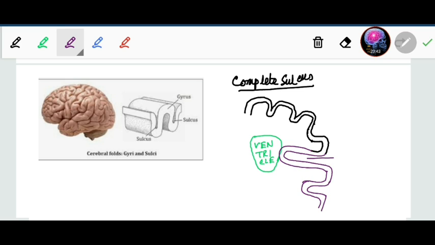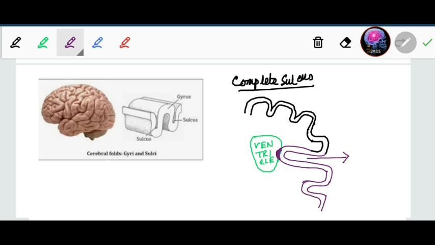So this sulcus provides an indentation. See, this sulcus is so deep it produces elevation in the wall of the ventricle. This kind of sulcus is called complete sulcus.